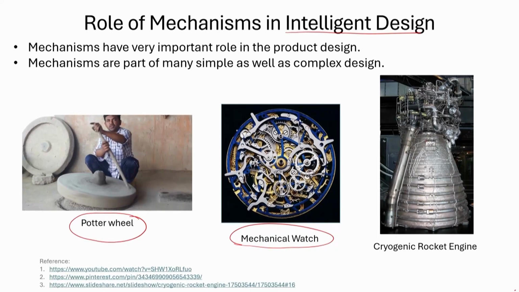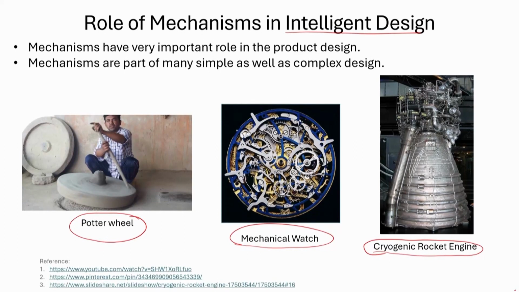All these are the stories of how to transmit the motion and transform the motion, even including the cryogenic rocket engine that is used today for taking the satellites to the long distance orbit like geostationary orbits.